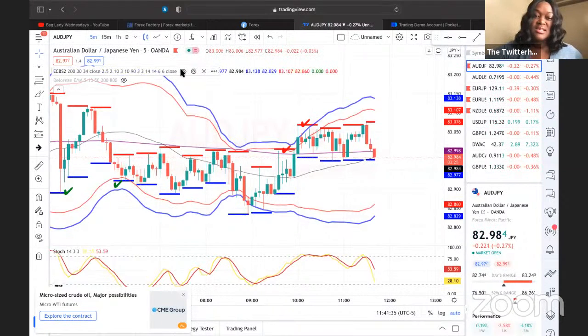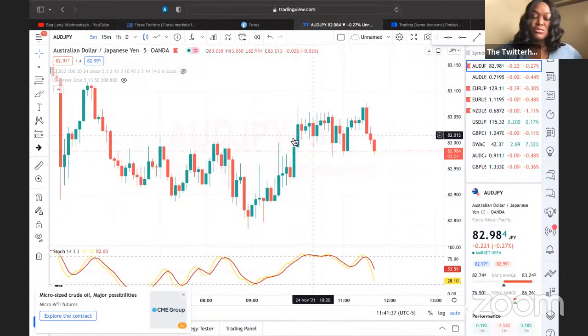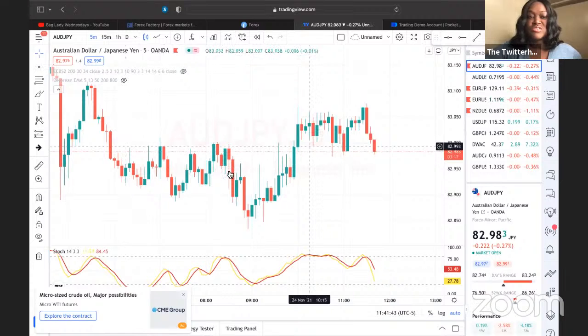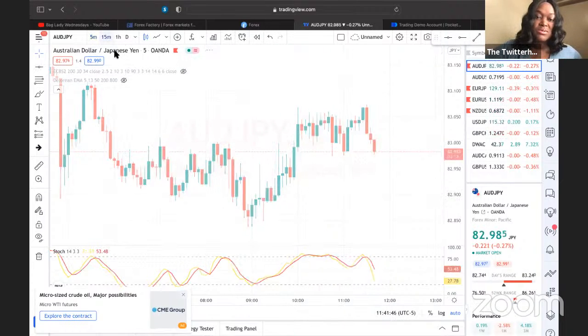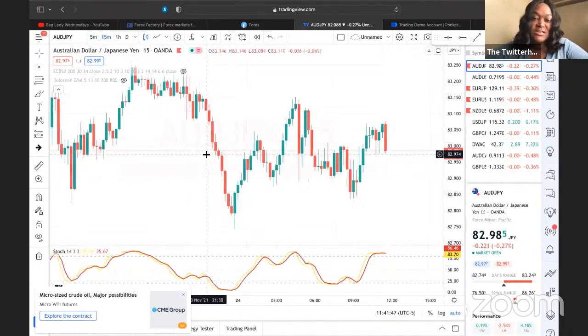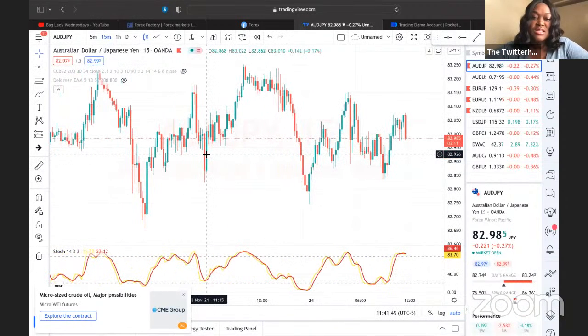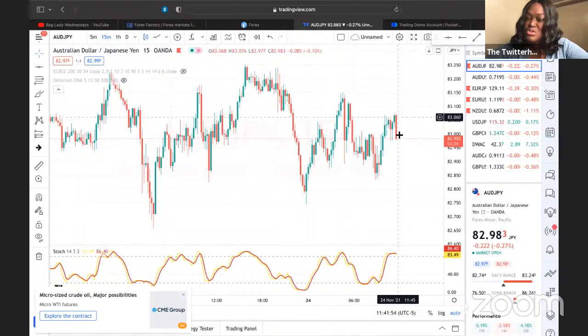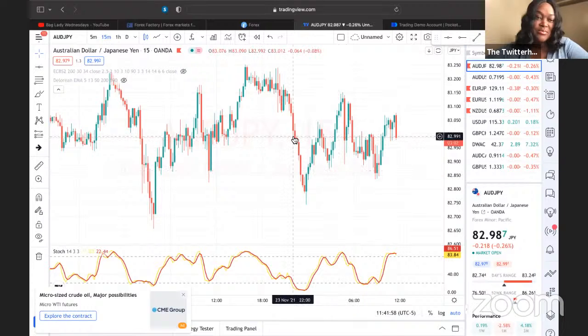And all of these are down, but it doesn't really look like the market is really trending down per se. It's not a definitive downtrend right now. Looks more like consolidation, but this is a huge move to the downside. I don't know why that's happening.